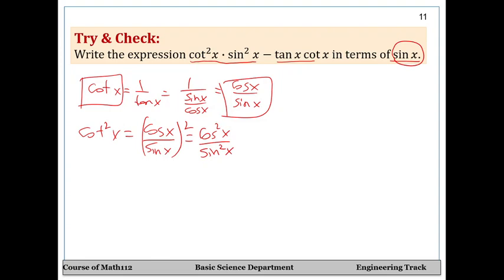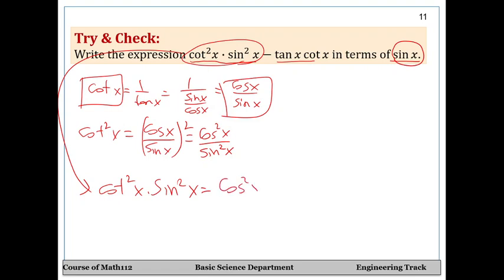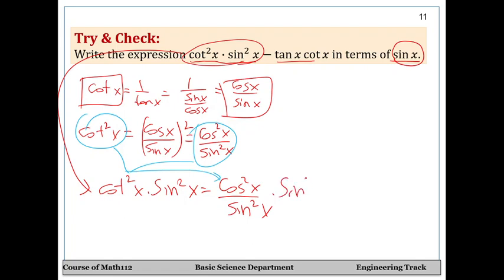Now, here I will write this one as cotangent squared x times sine squared x over sine squared x. So this is following from here, by the way. And then sine squared x. So this is a multiplication, and here is the division.